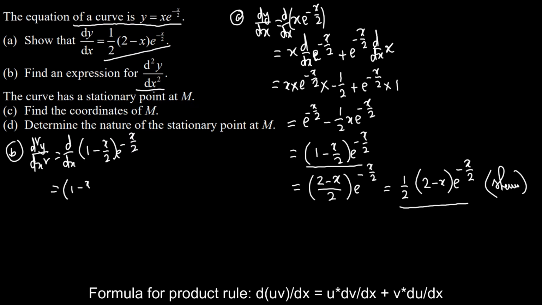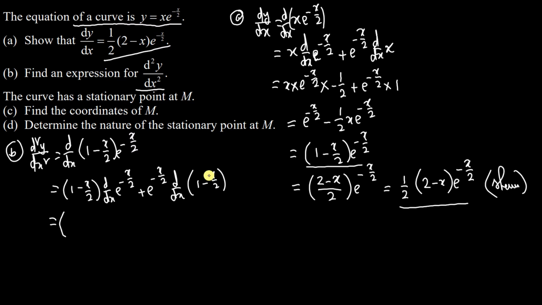So let me apply the product rule. 1 minus x by 2 d by dx of e to the power minus x by 2, plus e to the power minus x by 2 d by dx of 1 minus x by 2. So 1 minus x by 2, then e to the power minus x by 2 into minus half from the first part of the differentiation, and e to the power minus x by 2 into minus half from the second part.